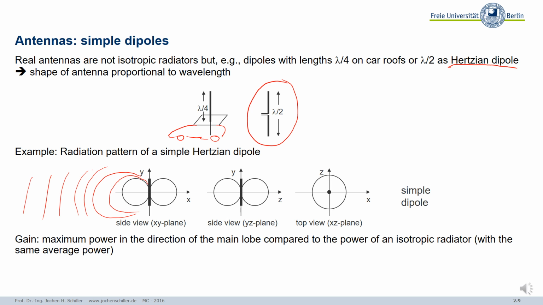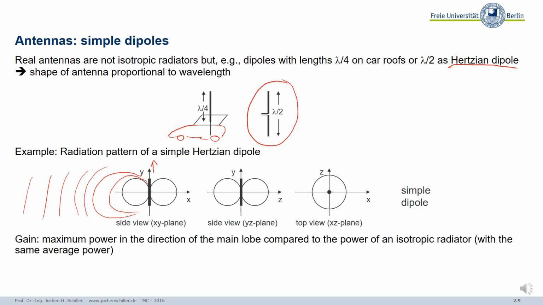But if you look along the z-axis here, in this case the y-axis here, you do not emit energy in this direction. Why is this useful? Well, think of an antenna as we have it back there for the hotspot here of the wireless LAN.